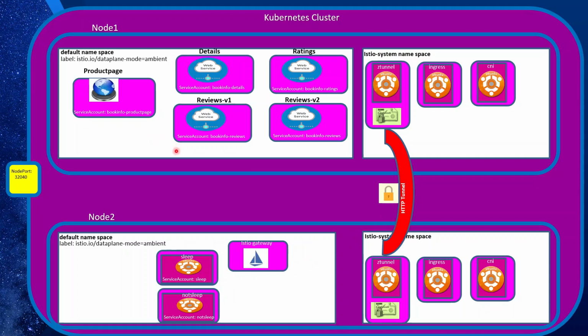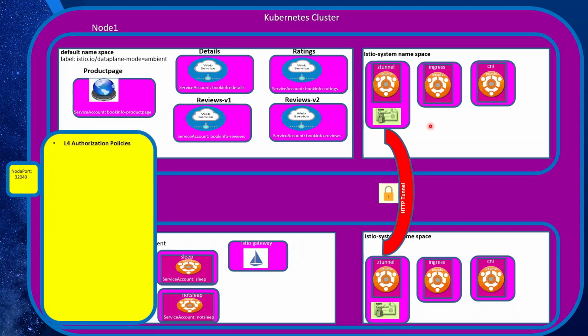Conversely, on the other side, if this is calling the details page, then the Z-tunnel on this side will use its certificate to send it over to this Z-tunnel to validate that indeed this is coming from the details page, and there's no spoofing going on.